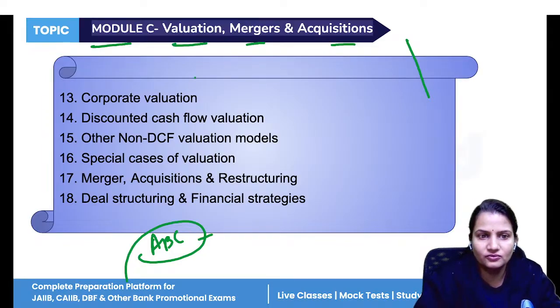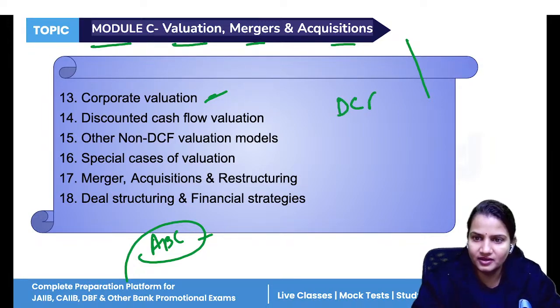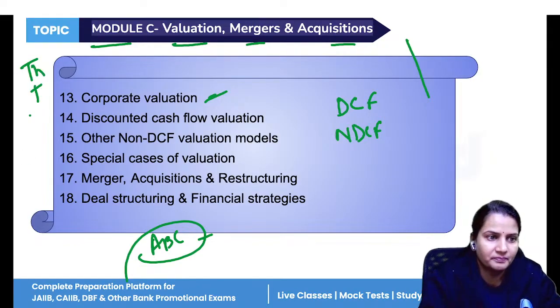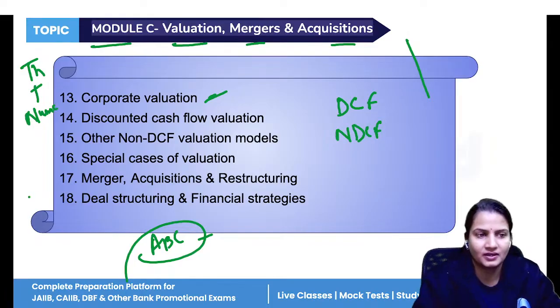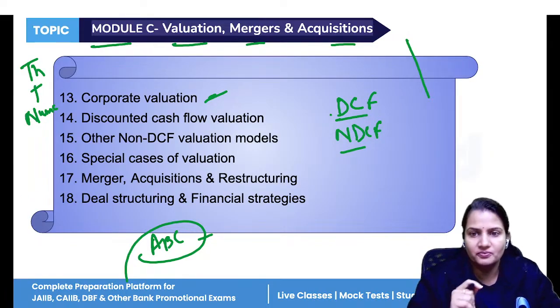For that, you need to do the valuation. So corporate valuation. Now corporate valuation is done with the help of two methods. One is discounted cash flow valuation and the other is non-discounted cash flow valuation. This is a theory plus numerical chapter. Again, we will study the discounting and non-discounting in your module B only, so it will be more clear over here also.